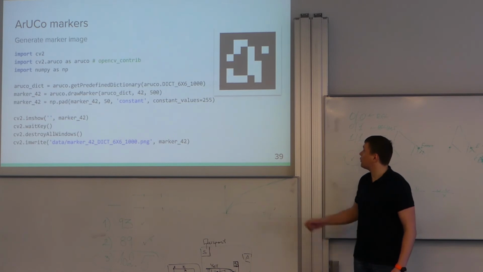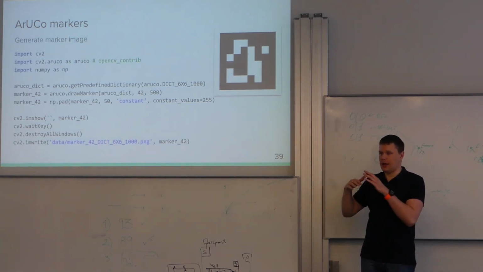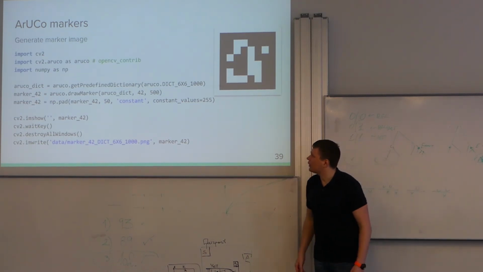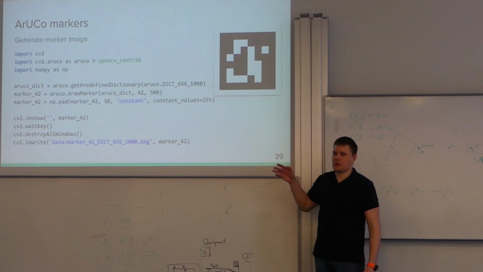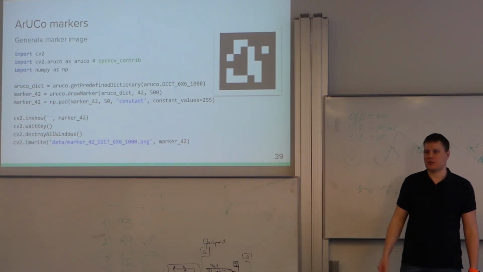Okay. So for an Aruco marker, we know its ID. It's an acronym: Augmented Reality University of Cordoba. It's created by Spanish guys.